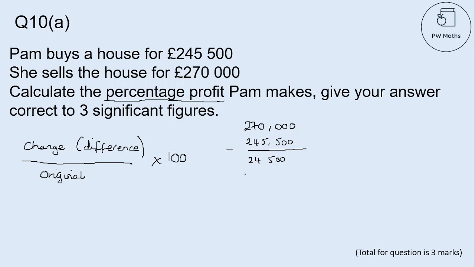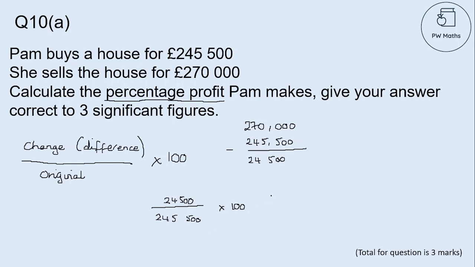We then take this change, which is our difference, and we divide that by the original amount she paid for her house, 245,500, and then we need to multiply that by 100. So this all needs to go into the calculator. So do the division, then multiply by 100.